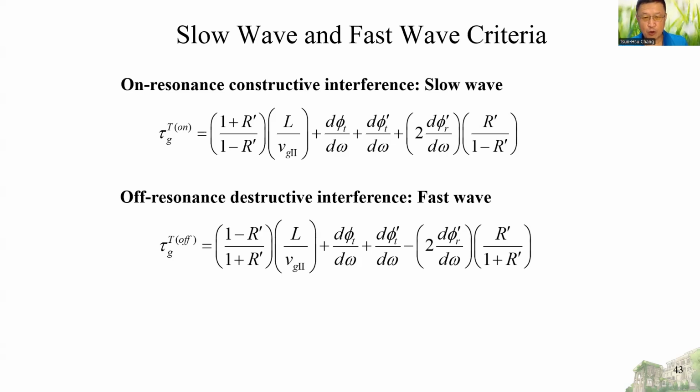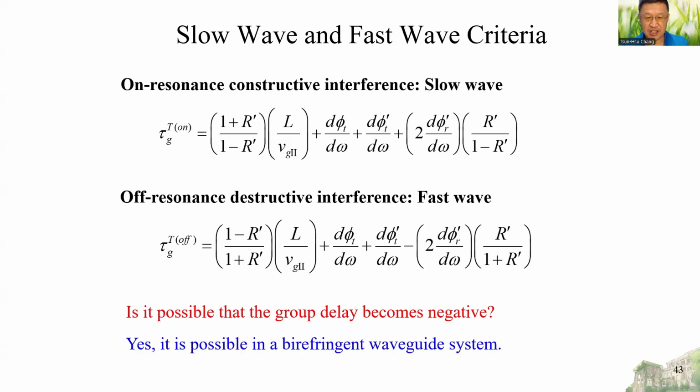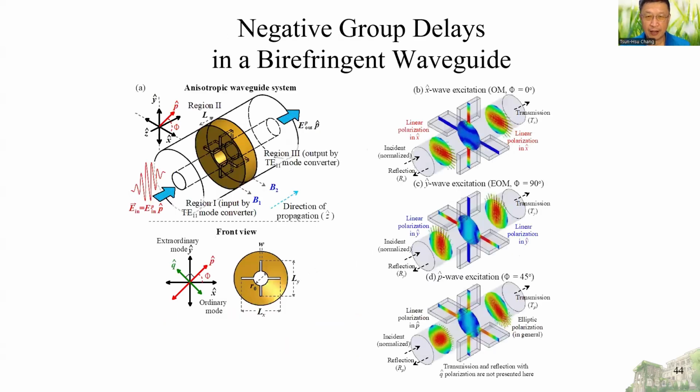The next question is: is it possible that group delay becomes negative? My answer is yes, it's possible. In a birefringent waveguide system, we change the polarization. This is a negative group delay in a birefringent waveguide system. This time, the waveguide is also divided into three regions: region 1, region 2, region 3.